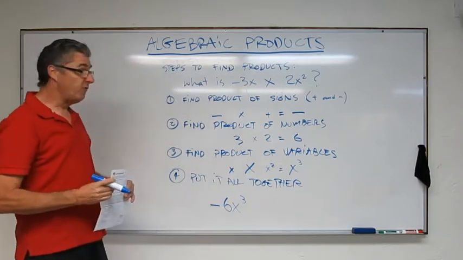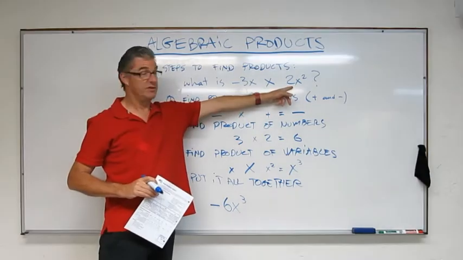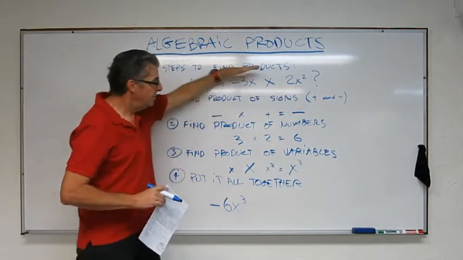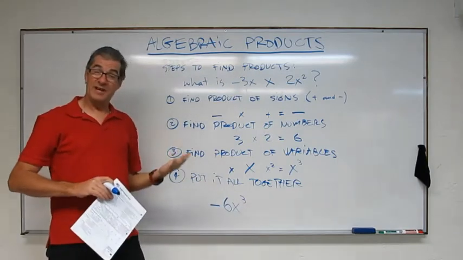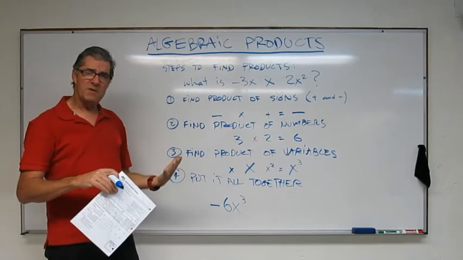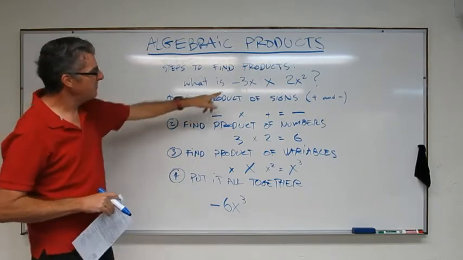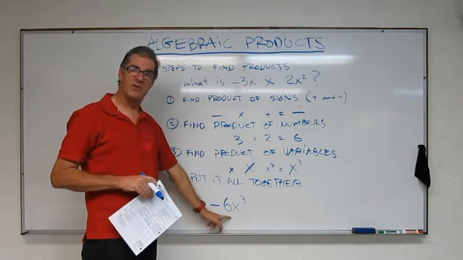So 4 steps to evaluate this little operation that they want you to do in mathematics. So minus 3x times 2x squared, going through all these steps, winds you up with minus 6x cubed. Now, like I said before, once you incorporate this and you know how to do it, you're not going to need to do all these steps. You're just going to be able to look at this, incorporate what this tells you to do, and you're going to come up with that.